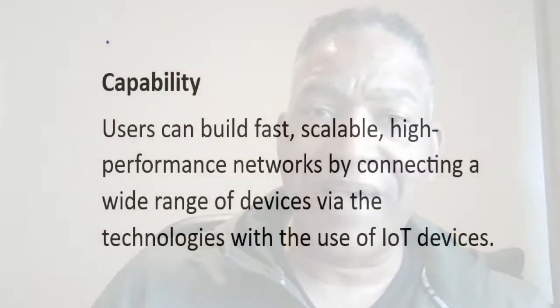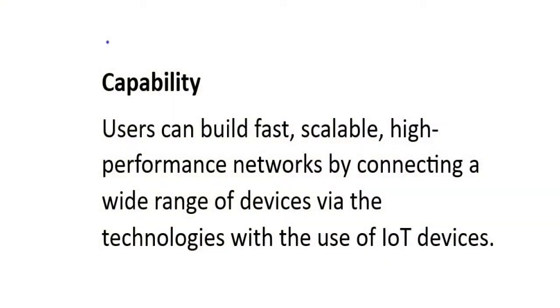Users can build fast, scalable, high-performing networks by connecting a wide range of devices via the technology with the use of IoT devices. And as we discussed before, we want these devices to be smart, meaning that they can help us make decisions.